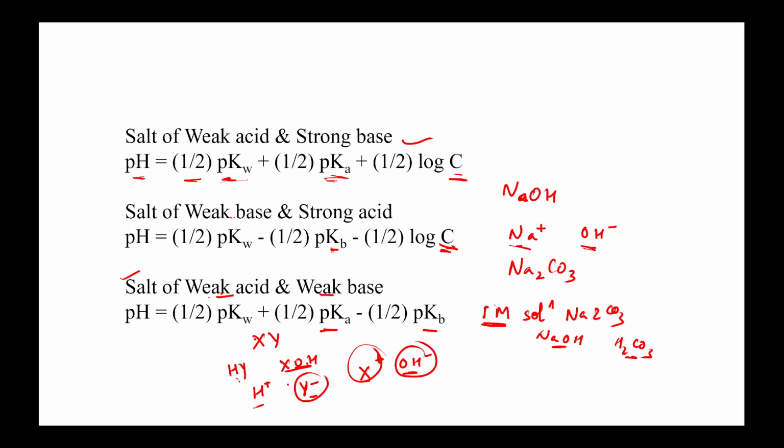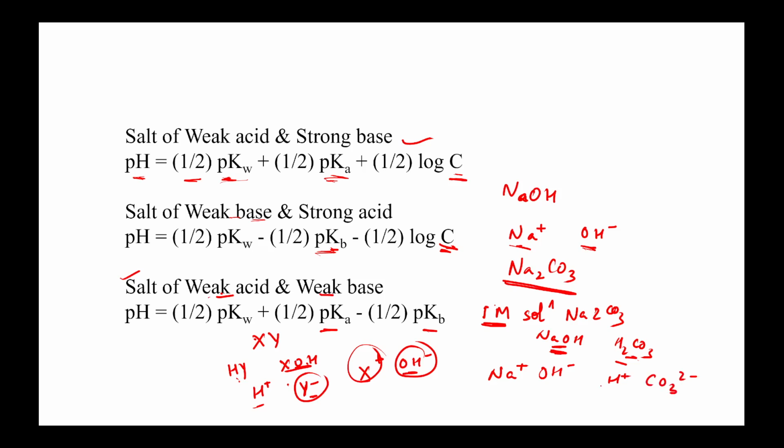Since only base is weak in this case, pKb will determine the concentration of the weak base. For the acid counterpart, for the ion of that salt, like for example in this case we had a strong base and weak acid, so the ions that we'll have in the solution will be Na plus, OH minus, H plus and CO3 2 minus, right?